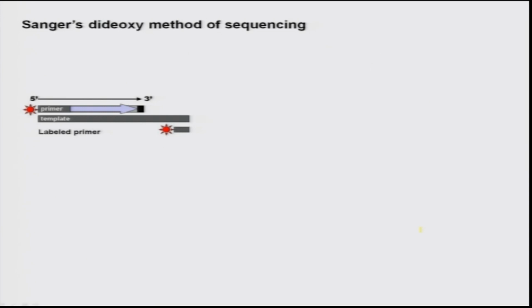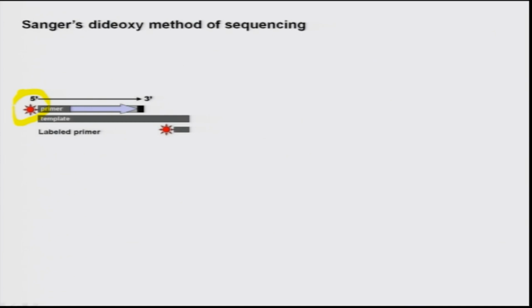There are several approaches by which you are able to read the new DNA strand that is being made. One of them is that you label the primer itself. What is shown here is the 5' end of the primer labeled with, for example, a radioactive moiety.